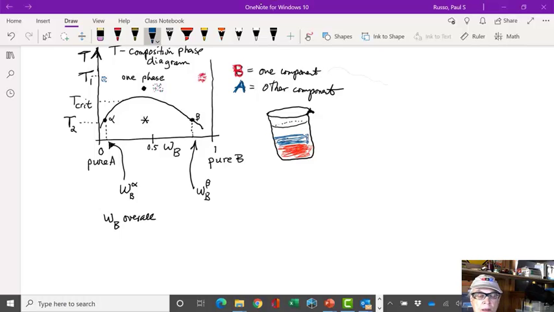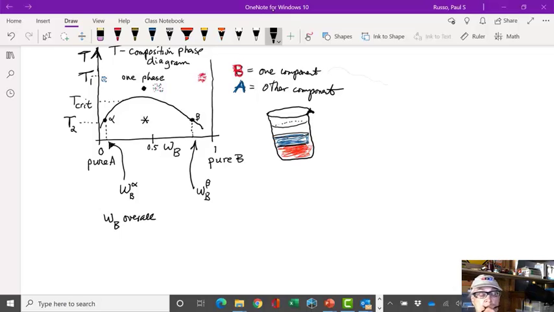I'm going to assume, for no particular reason, that B is a denser material than A, so that it sinks to the bottom. That's our equilibrium situation. That's how we would read this phase situation.